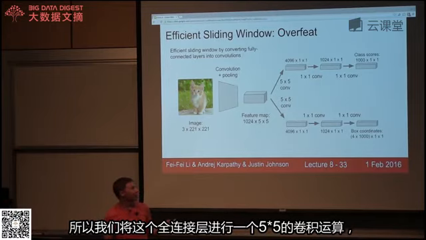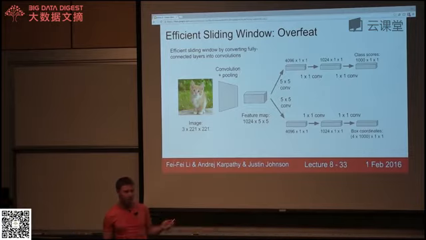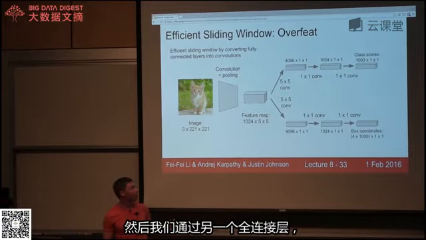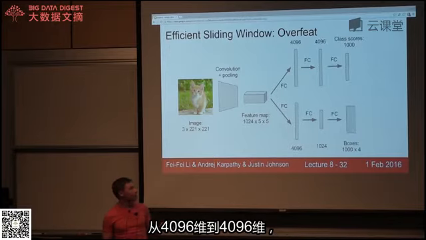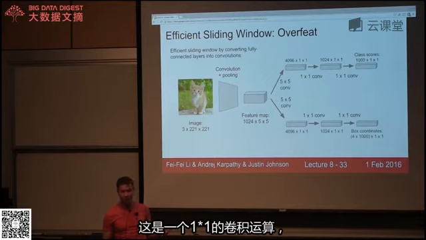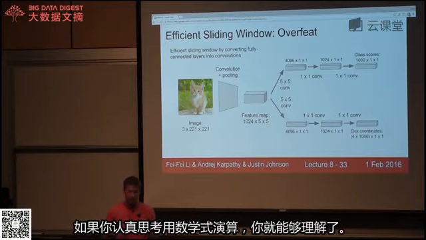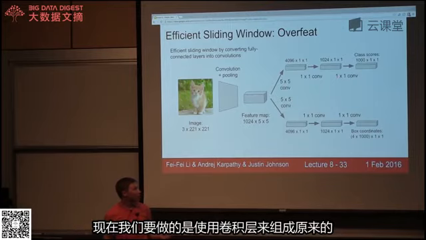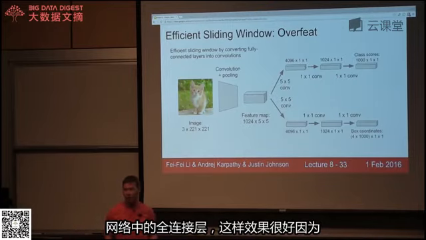Right, so then we take this fully connected layer, it turns into a 5-by-5 convolution. Then we previously had another fully connected layer going from 4096 to 4096. This is actually a 1-by-1 convolution, right? That's kind of weird, but if you think hard and sort of work out the math on paper and go sit in a quiet room, you'll figure it out. And so we basically can turn each of these fully connected layers in our network into a convolutional layer.